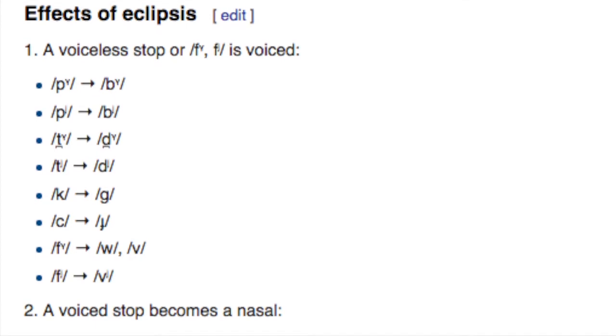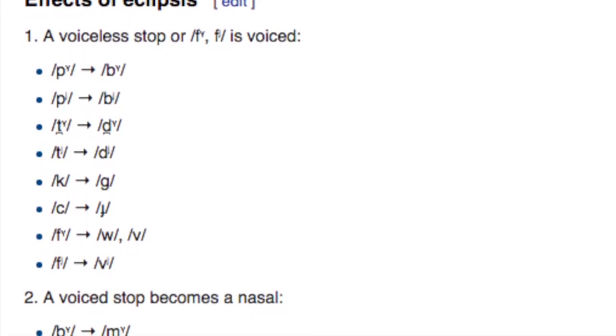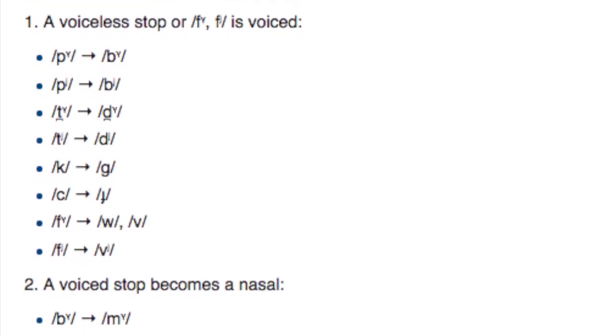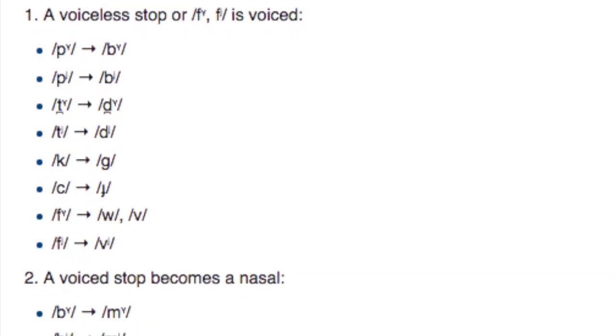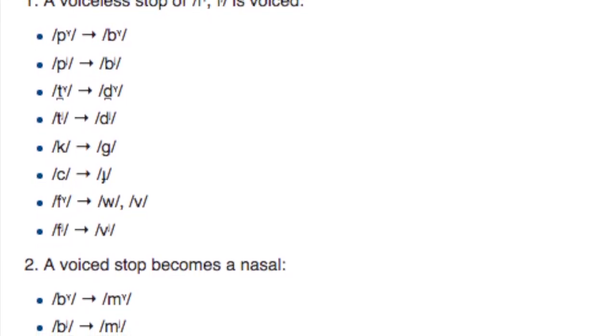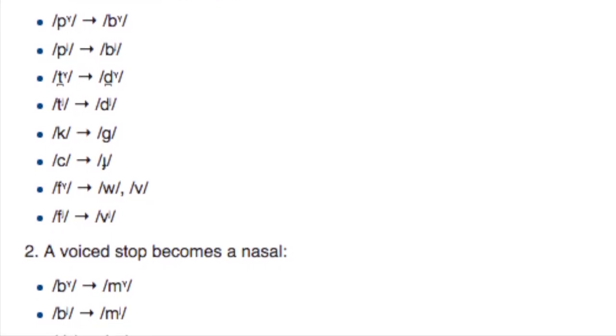But basically it means voiced is when your vocal cords are involved in the sound. One very easy way to figure out whether a letter or a sound is voiced or unvoiced is simply putting your hand on your vocal cords in your neck, and if they vibrate when you say that letter or sound, that means it is voiced.